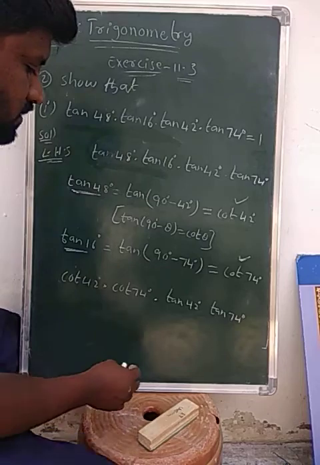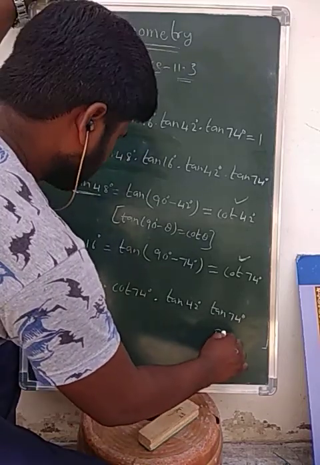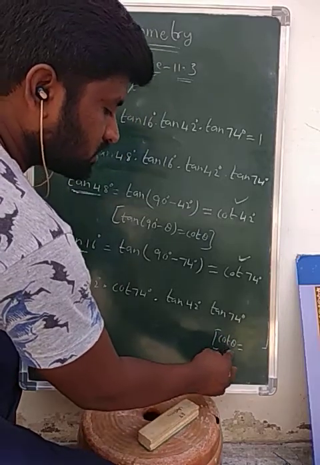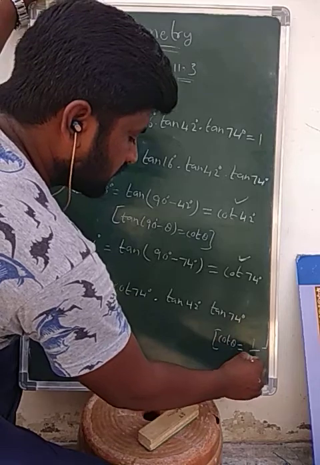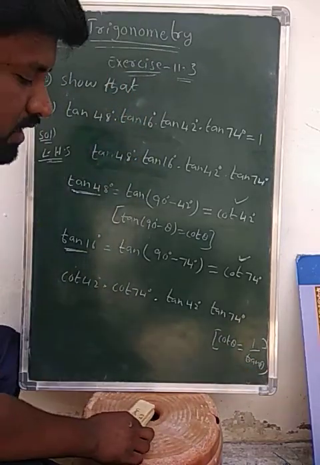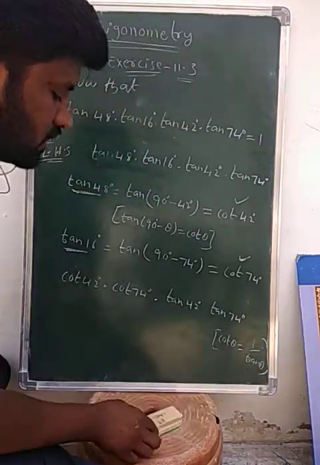I have written like this. We know that cot theta in reciprocal relation we can write as 1 by tan theta.